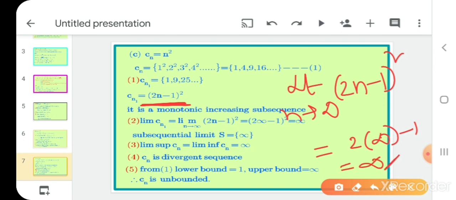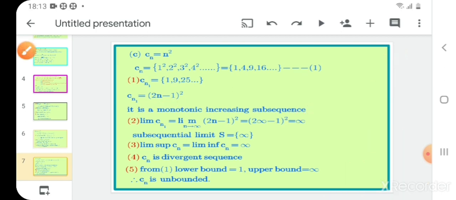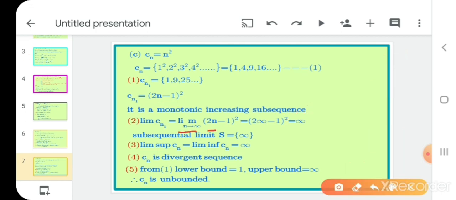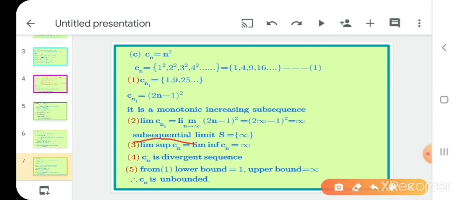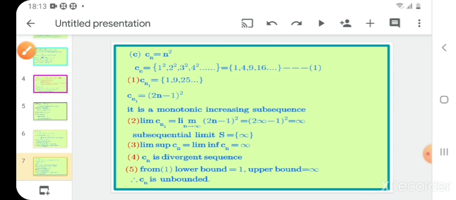What is the limit of this subsequence? Infinity. Therefore, the limit set of subsequence limits, capital S, equals what do we get? Infinity. We have only one value, infinity. So, limit infimum is also infinity, limit supremum is also infinity.